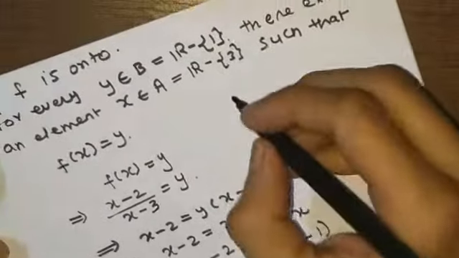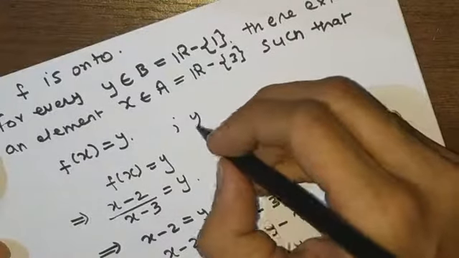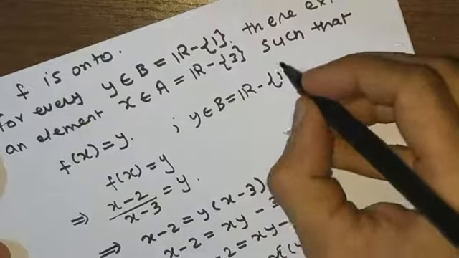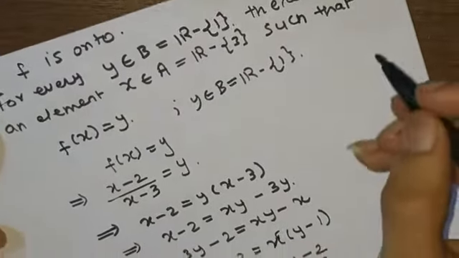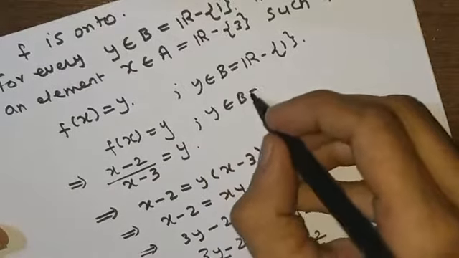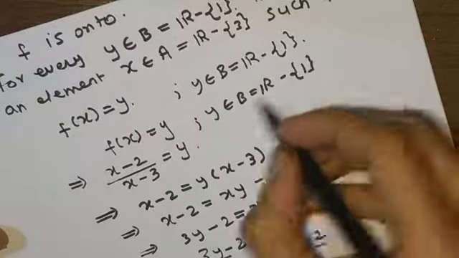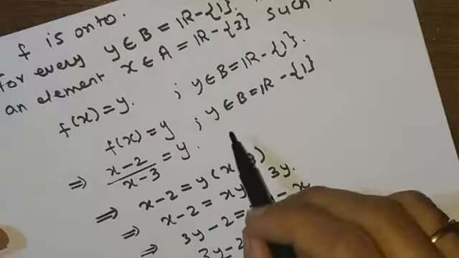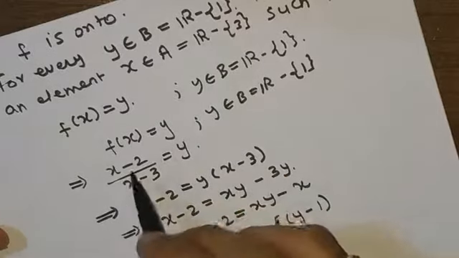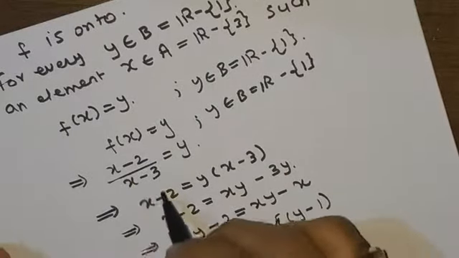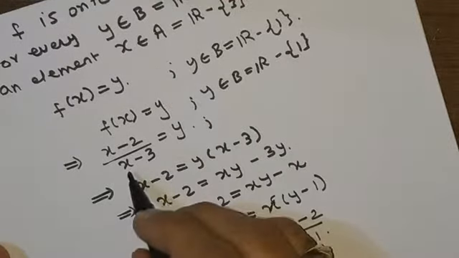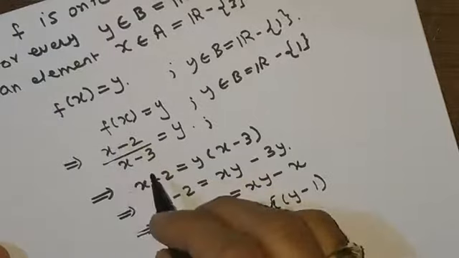This y here that we have taken belongs to the set B, which is equal to R minus singleton set 1. Okay. So also here, you can see this. Here it is (x minus 2) divided by (x minus 3) equal to y. So here if x is equal to 3, then this quantity will not be defined.